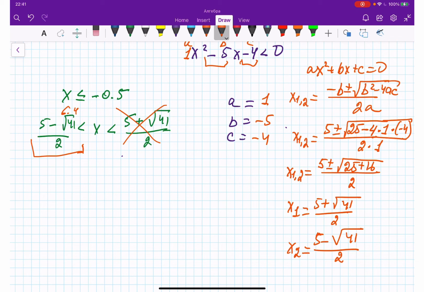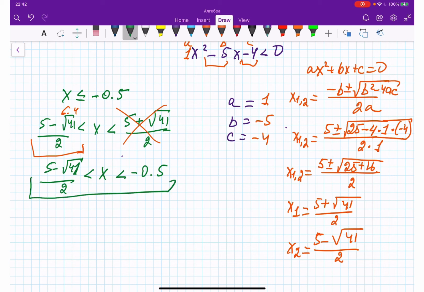Therefore, the answer is going to be x limited by greater than 5 minus square root 41 over 2 and less than negative 0.5. So this is our answer for the first case, first interval.